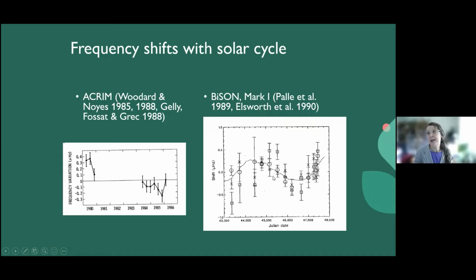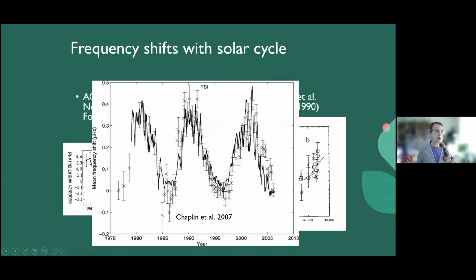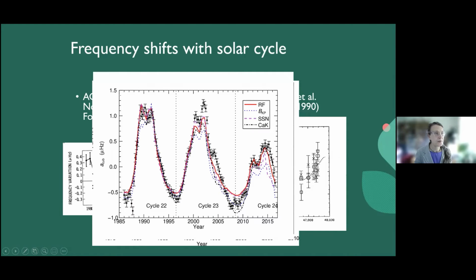That was published in Nature, and it looks reasonably convincing, but it's quite noisy. But by the time you've got 3 cycles on board, you can really start to see that these frequencies are following the activity quite closely. And that's the last 3 cycles.